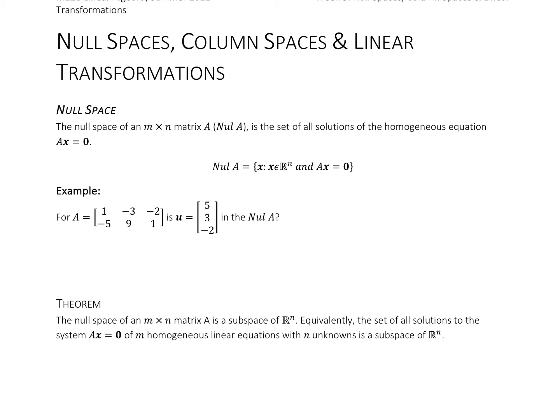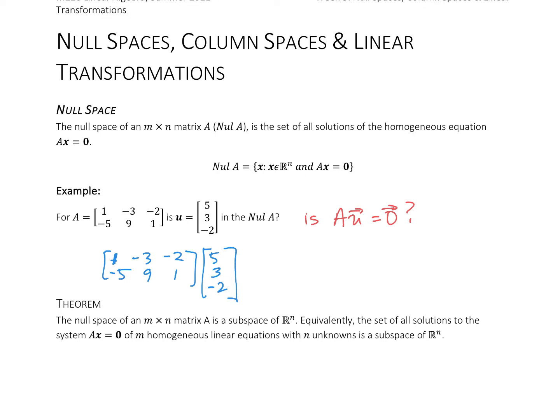So we want to find, in this example, is u in the null space? In other words, is it a solution? So is Au equal to the 0 vector is essentially what this question is asking. So all we need to do is take A times u, so our 1, -3, -2, -5, 9, 1, and multiply that by 5, 3, -2.